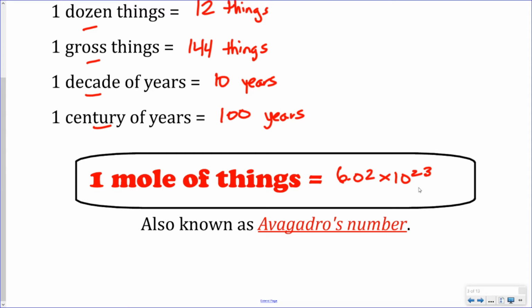If I had a mole of diamonds, I would have 6.02 times 10 to the 23 diamonds. If I have a mole of atoms, I have 6.02 times 10 to the 23 atoms. If I have a mole of molecules, I have 6.02 times 10 to the 23 molecules. That's going to be important moving forward. Sometimes you'll hear mole referred to as a chemist's dozen because it's such a useful number.